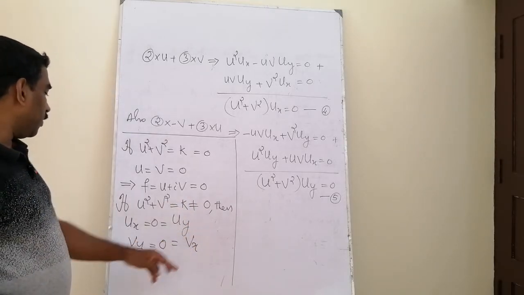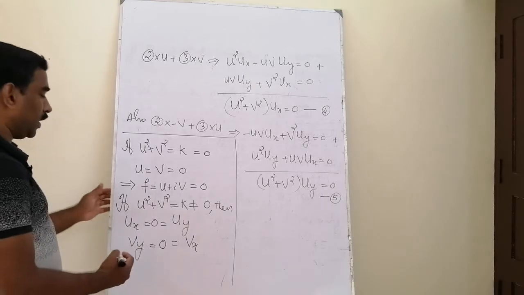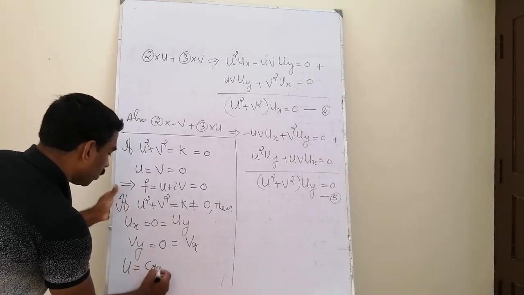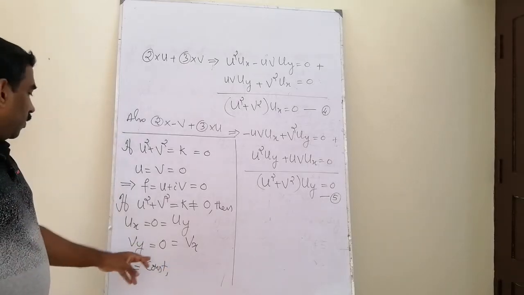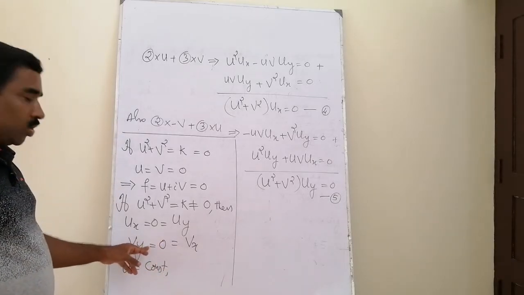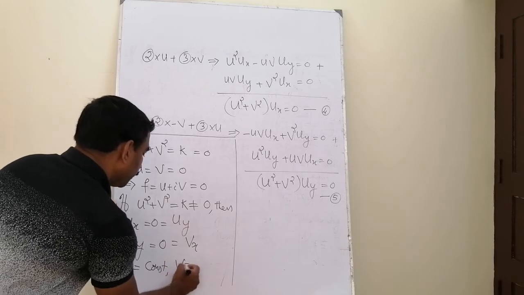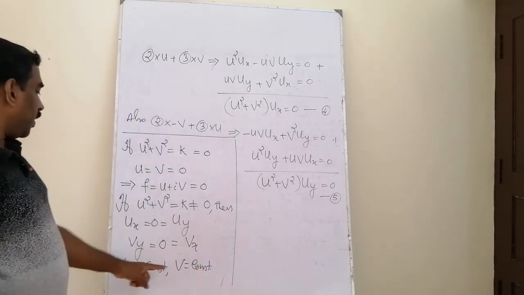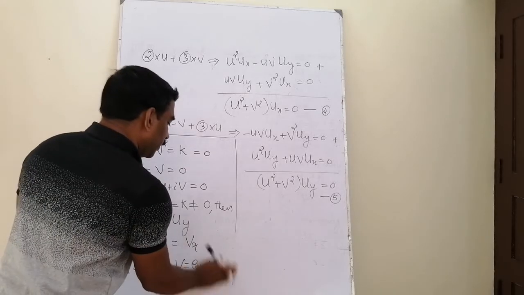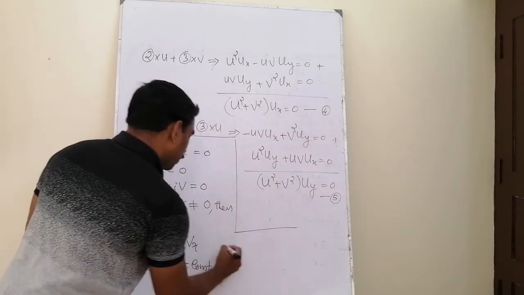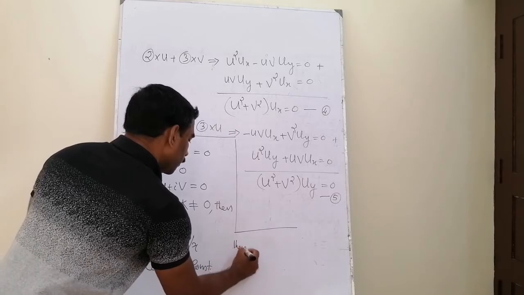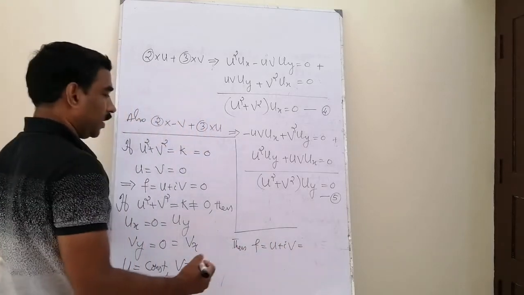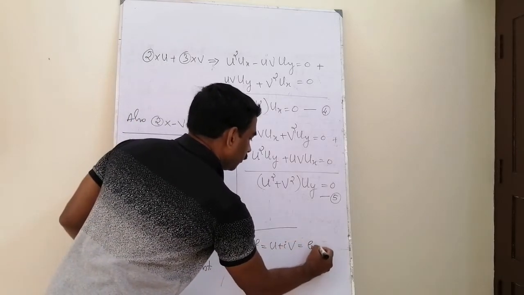Since ux is equal to 0 and uy is equal to 0, u is a constant. And vx is equal to vy is equal to 0 implies v is a constant. If u and v are constant according to our assumption, then f is equal to u plus iv equal to a constant.